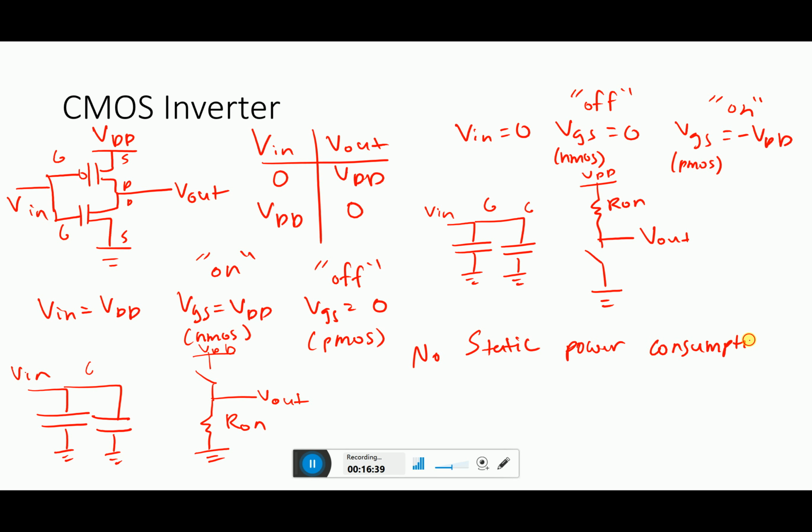That means that if we just leave our computer on, generally not doing anything, then power consumption is usually very low. So that means that our batteries last longer and our computers don't start burning up. Great, so no static power consumption, and the digital abstraction holds.